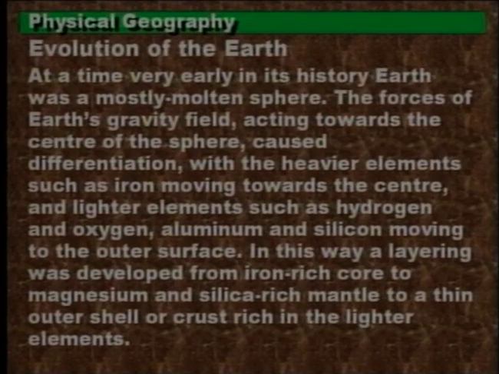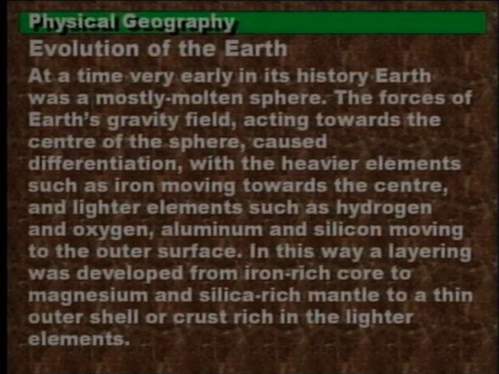The forces of the Earth's gravity field acting towards the center of the sphere caused differentiation, with the heavier elements such as iron moving towards the center of the Earth, and the lighter elements such as hydrogen and oxygen, aluminum and silicon moving to the outer surface of the Earth.